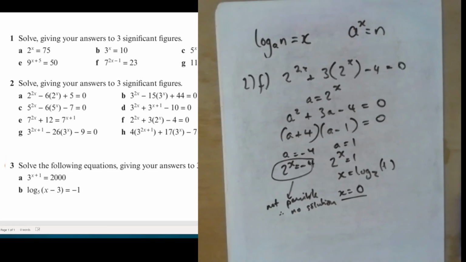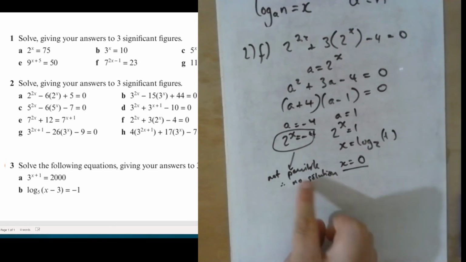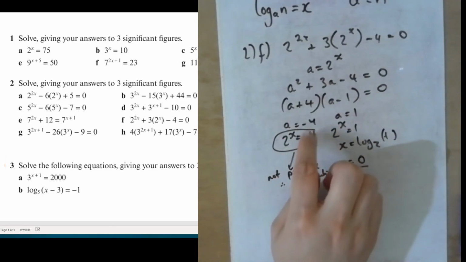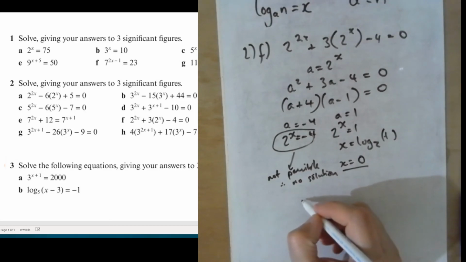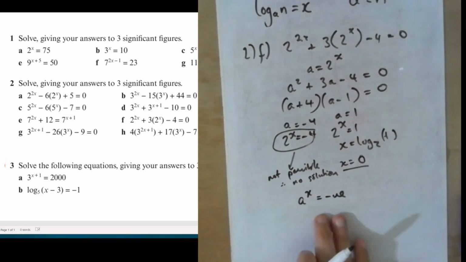So combining your logarithm knowledge with your quadratic knowledge, and just knowing some of the basics. So you probably know from this one now, if I have a number to any kind of power and it's a negative, that would just never be possible. Okay, so when you have logs, if I have a to the power of x equals a negative number, I'm not expecting a solution.